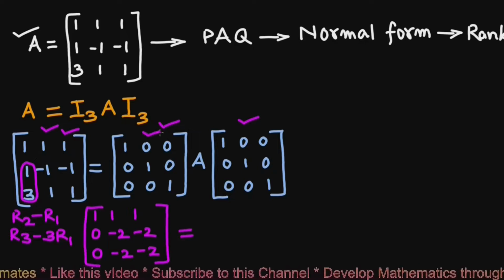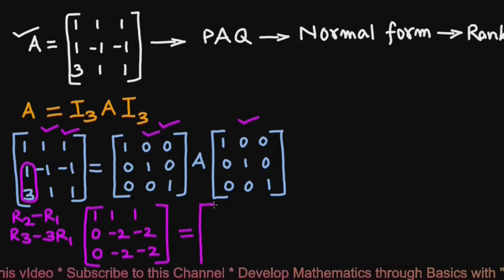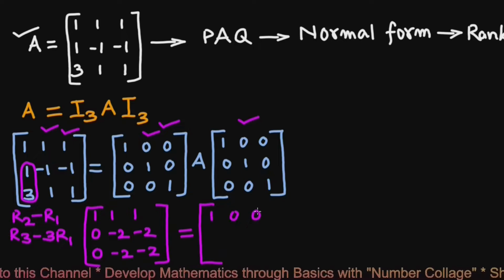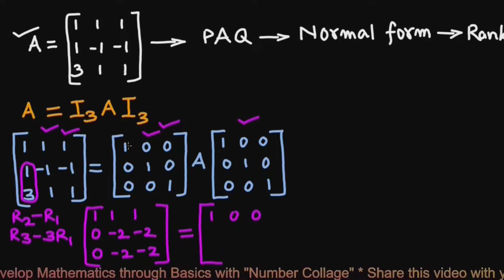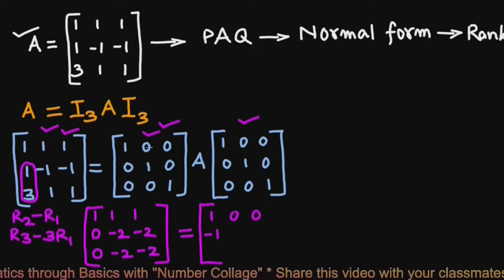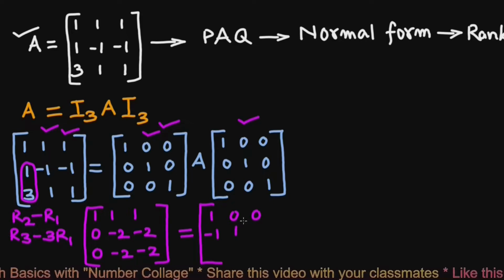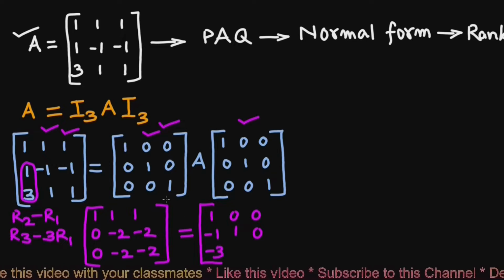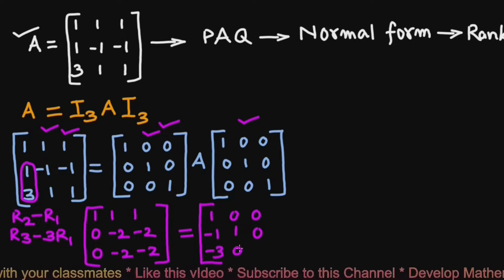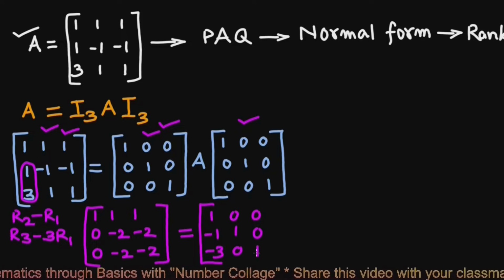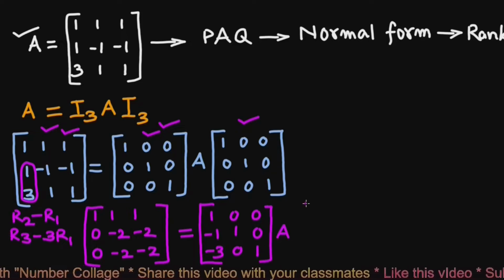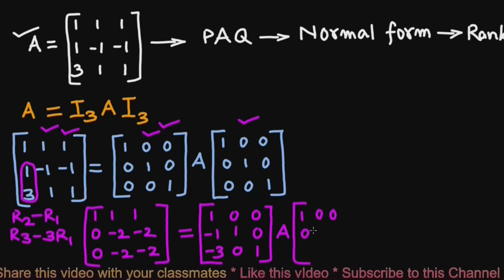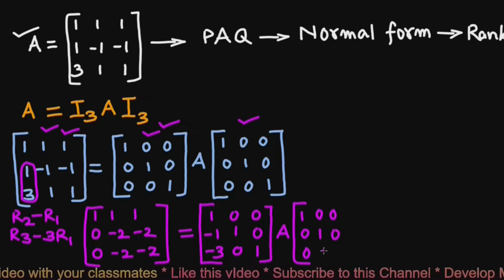Now this prefactor becomes, with the same row transformations, first row will remain the same, 1, 0, 0. Second row will be 0-1=-1, 1-0=1, 0-0=0. Then 0-3=-3, 0-0=0, 1-0=1. Then we write A and this postfactor as it is, [1 0 0; 0 1 0; 0 0 1].